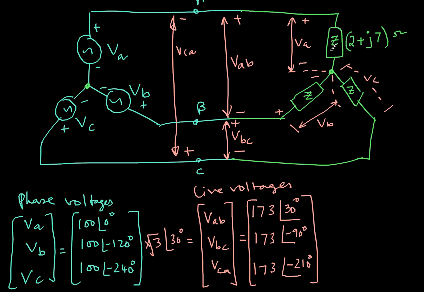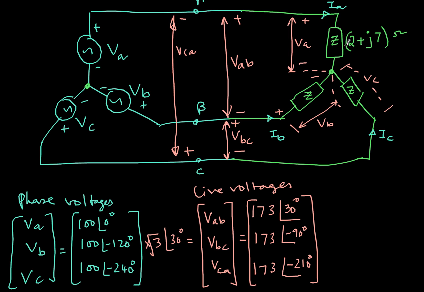So with simple Ohm's law, I can find the phase currents of the load. Let's mark the phase currents of the load. This time the current will be in this direction. This is IA, this is IB and this is IC. I am taking the currents going into the load because this is a load and this is the source, so this is the natural direction of current I am assuming. How do I find IA, IB and IC?